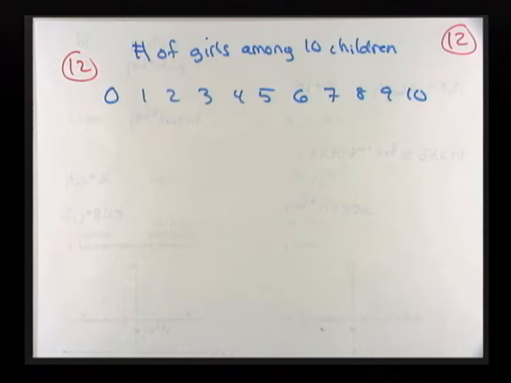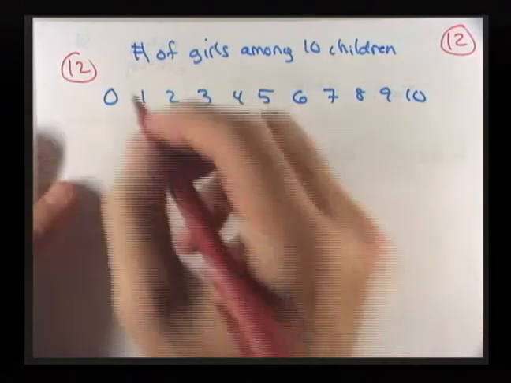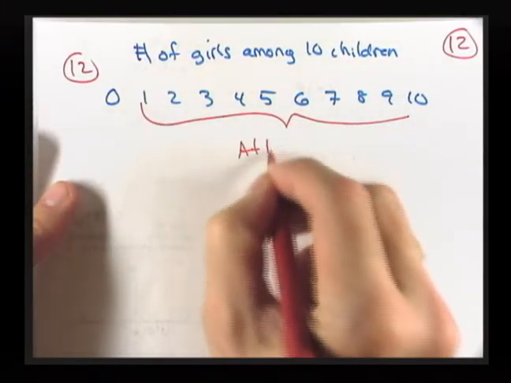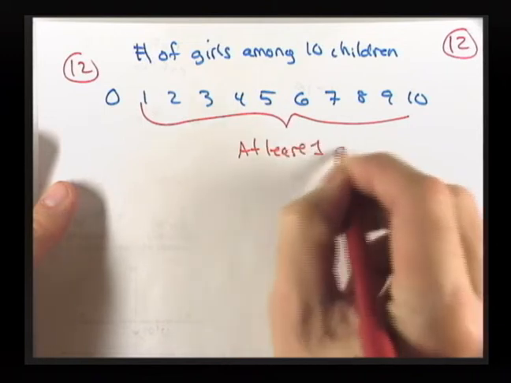Now we're asked to calculate the probability of at least one girl. Well, what events satisfy that criteria of at least one girl? 1 through 10. This is at least one girl.